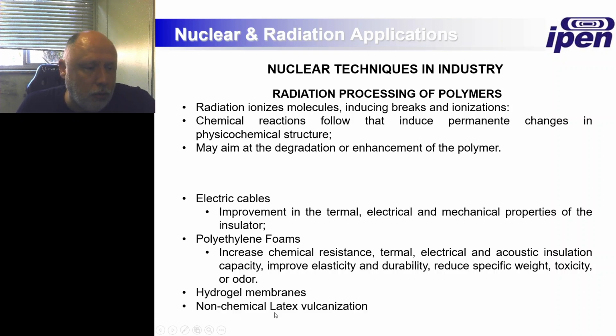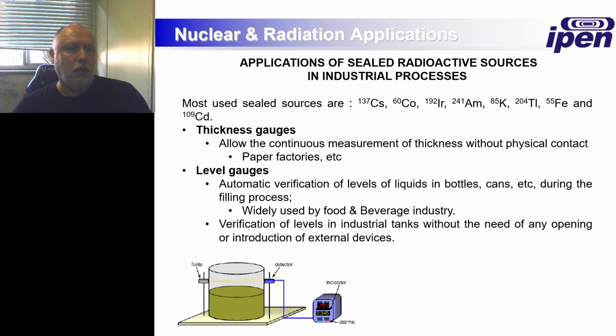And there's also the non-chemical latex vulcanization, which is important because the traditional way to do latex vulcanization is chemical, and it can leave residue that could be toxic for some people. There's other very important things that people do. There are always lots of sources that can be used, depending.